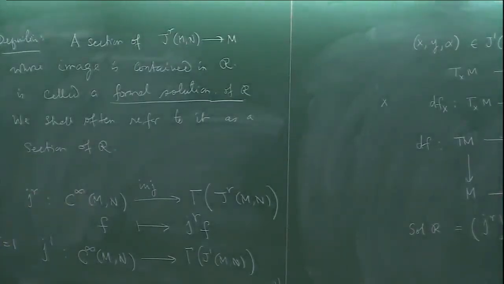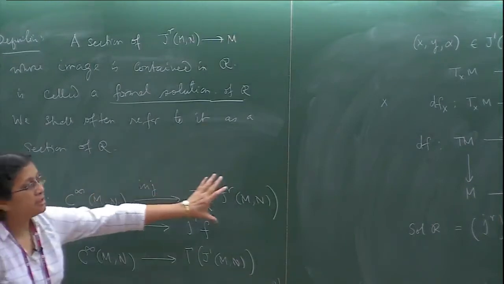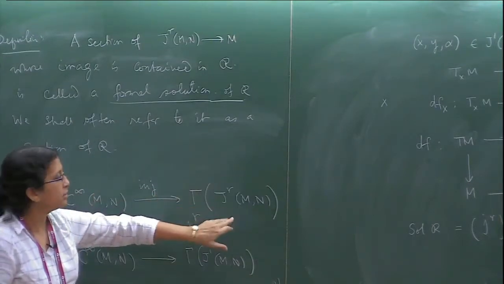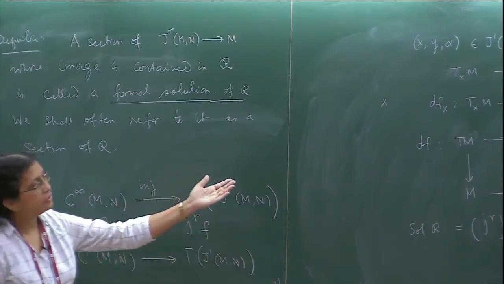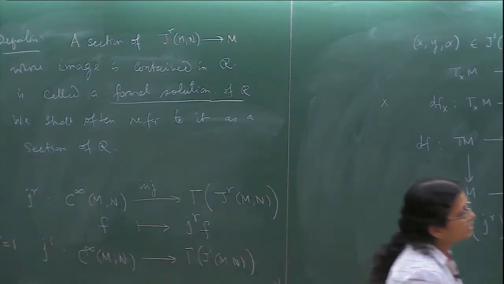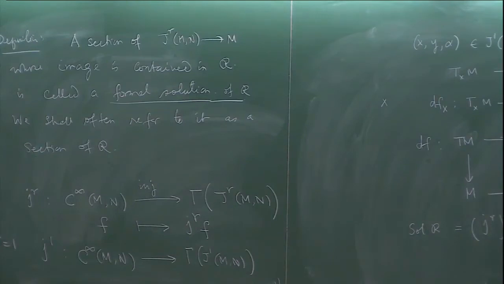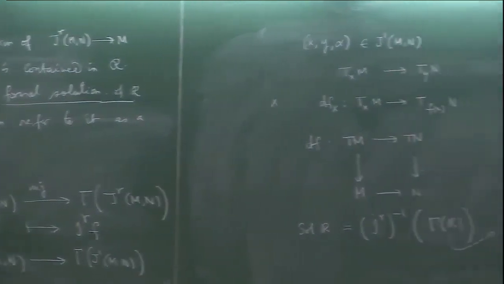Okay? So the image can be identified with a subset of this space. There also you can view the solution space as a subset of the formal solution space.